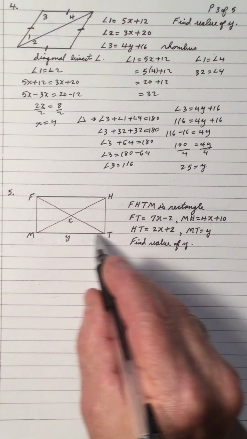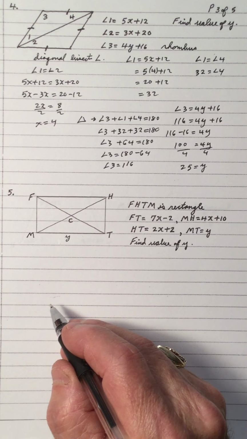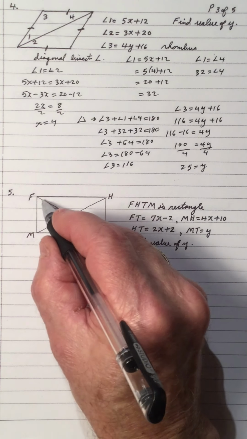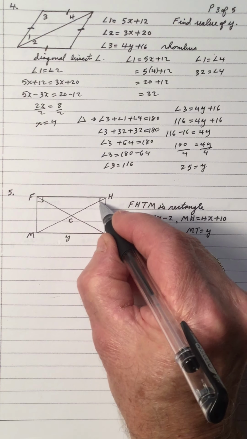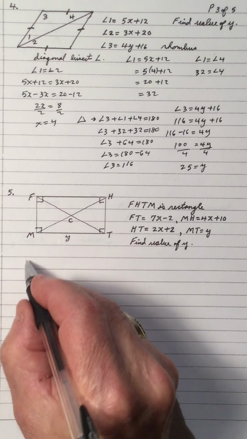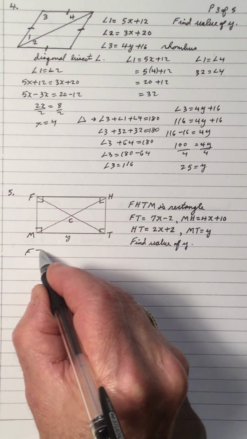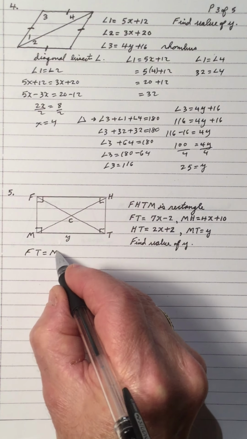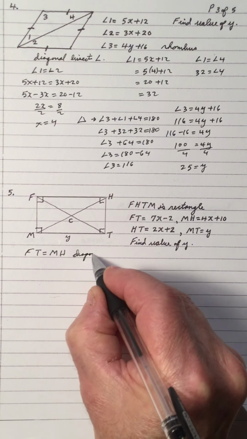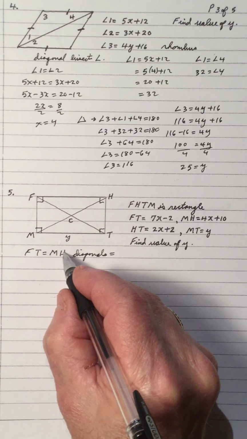So that means we got to find what the length of MT is. Okay, so what do we know about the properties of a rectangle? Well, we have all 90-degree angles in the corners because we have a rectangle. We also know that FT is equal to MH because the diagonals are equal in a rectangle.